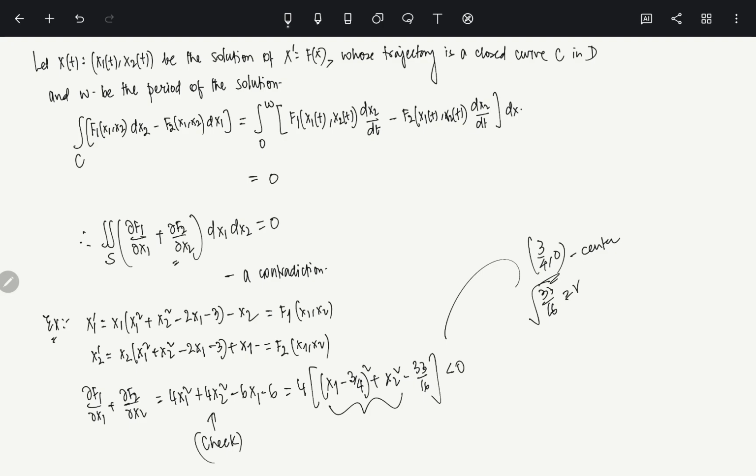Is it okay? And then the Poincare-Bendixson theorem guarantees that there is no closed curve of this system within this disk. So in this region we can guarantee that there is no closed curve. I hope you understand the region. The region is this particular thing. Inside the region there is no closed curve. Is it okay? So with this I am going to end this video.